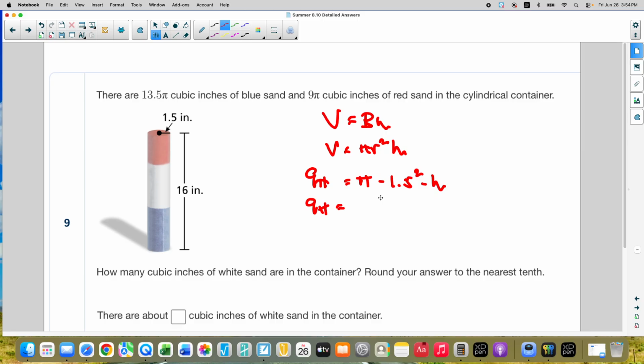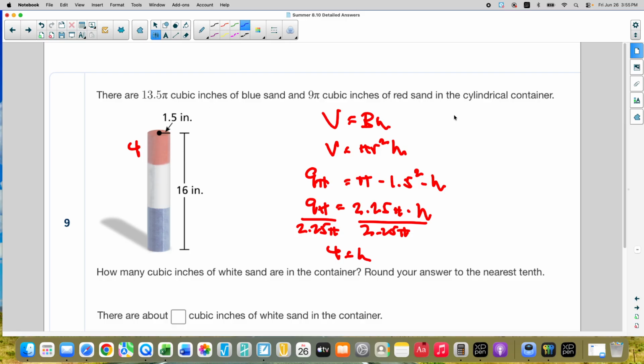Yeah, 2.25 pi times h. Let's divide by 2.25 pi. So 9 divided by 2.25. Oh, that's nice. Gives us 4. So the height is 4 of the red.